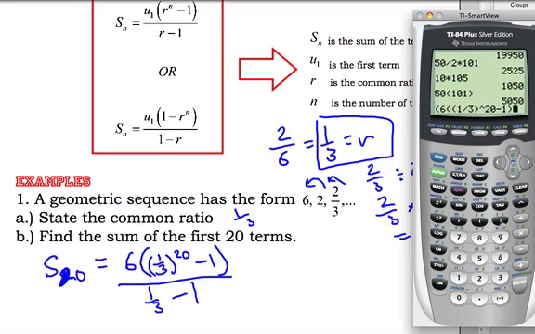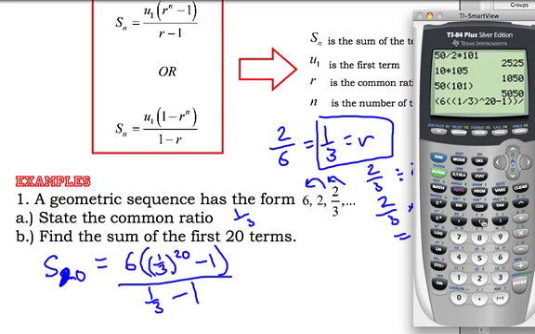I need one bracket and another one to close it. So I got 3 left brackets, 3 right brackets. That should be okay. Then I'm going to divide by what's in the denominator, a third minus 1. So I'm going to do 1 divided by 3, a third, and then minus 1. And I think that should all work out fine.